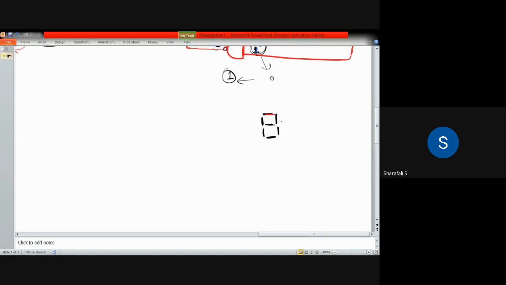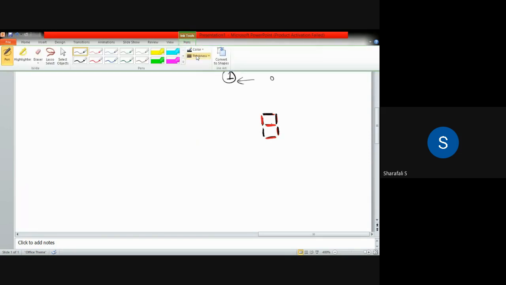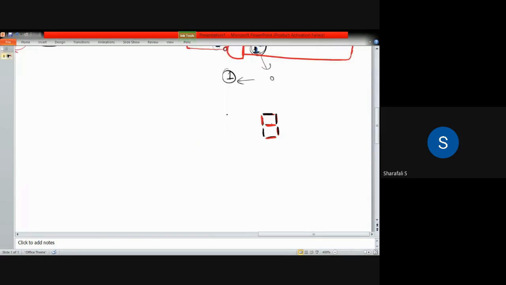So first, this LED will glow. This will glow. This will glow. This also glows. This also glows. So you will get 9. So that is the maximum. And what is the minimum value in this 7-segment display? The minimum value will be 0.